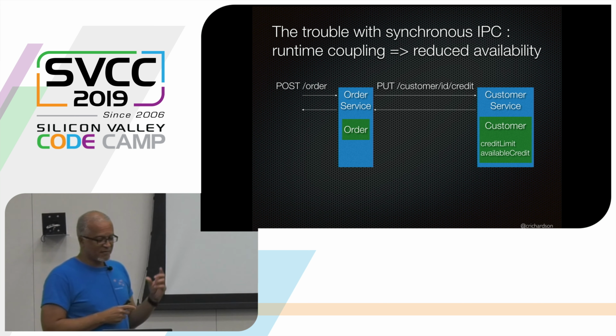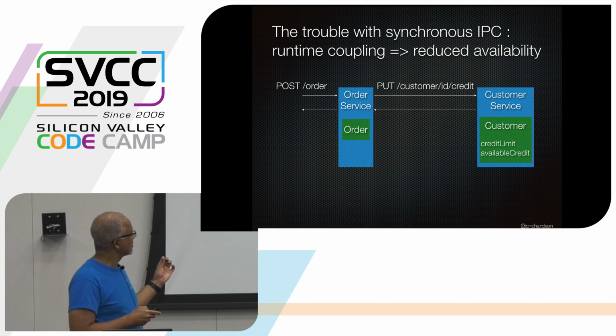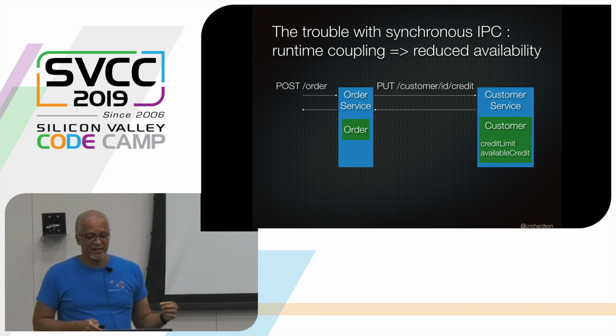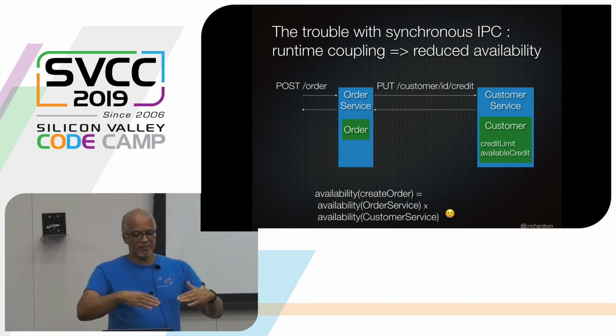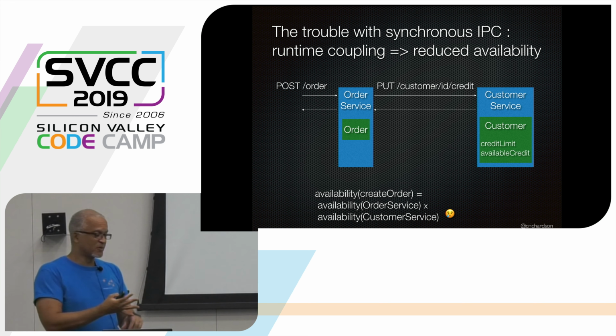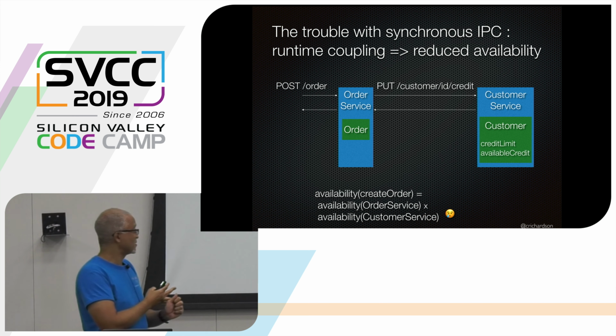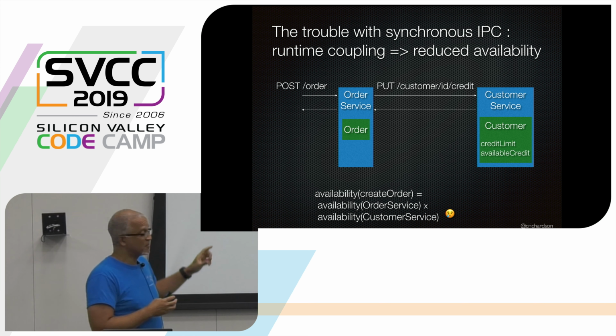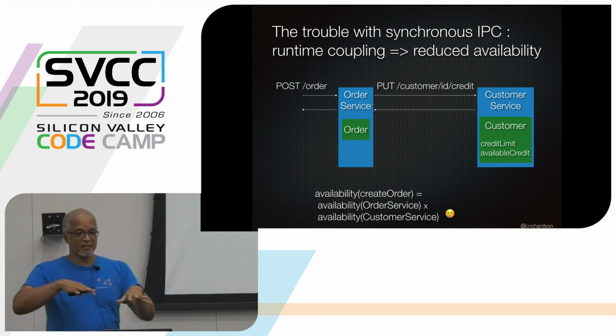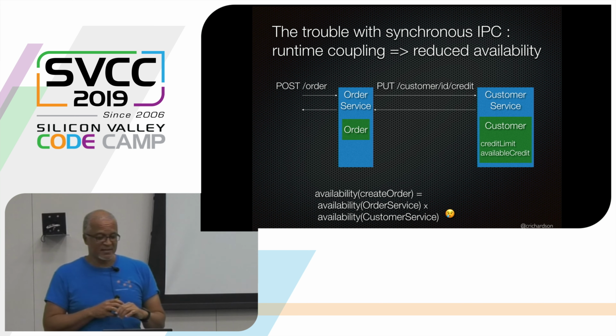But the problem you have is that this can impact availability. In order for the create order operation to work, the order service must be up and the customer service must be up as well. And so the availability of that operation is the product of the availability of the two services.